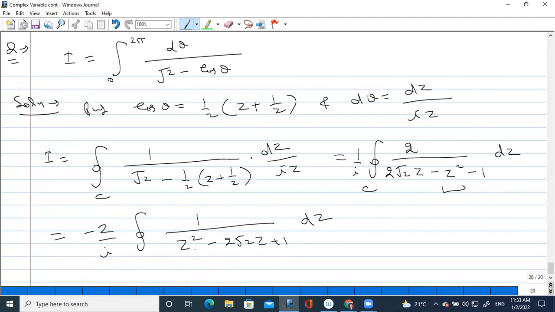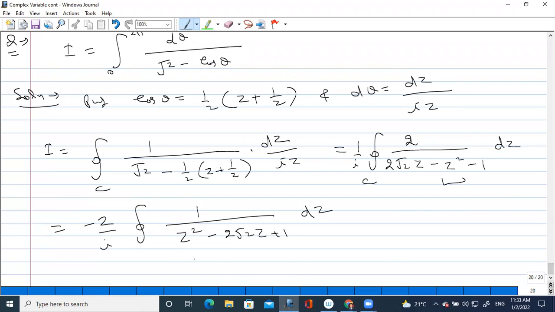So from here our f(z) is minus 2 by i times this much, and from that f(z) I have to find the residue. Here f(z) is minus 2 upon i into 1 upon z square minus 2 root 2 z plus 1.